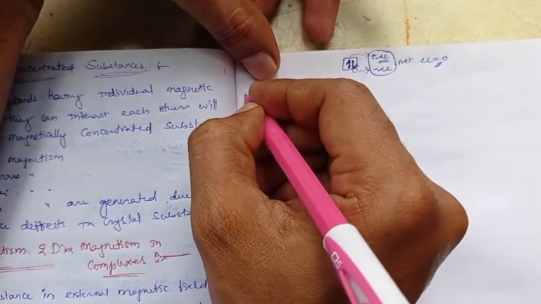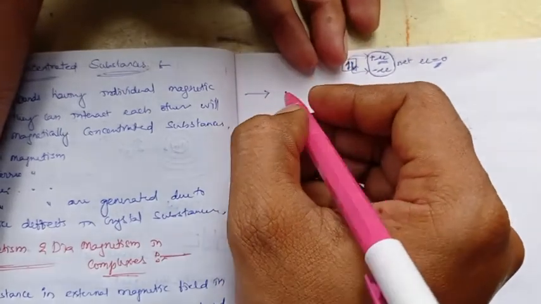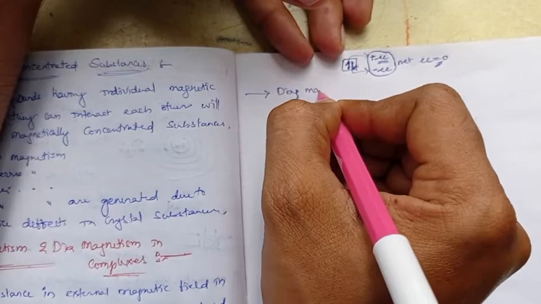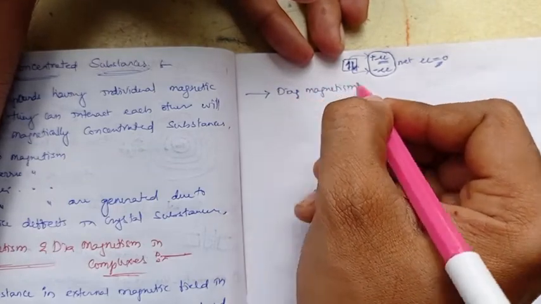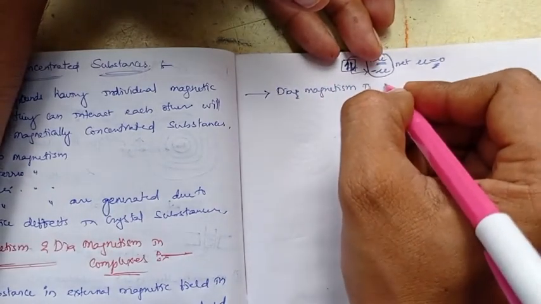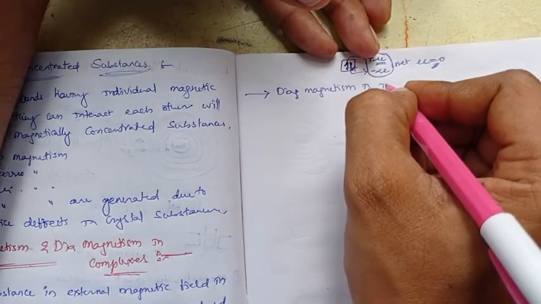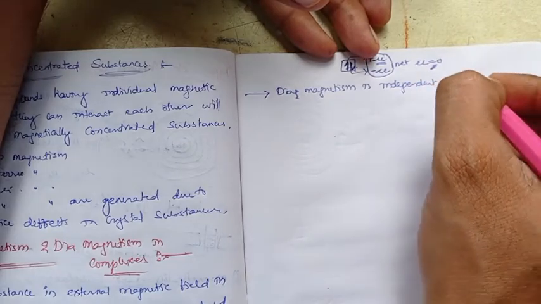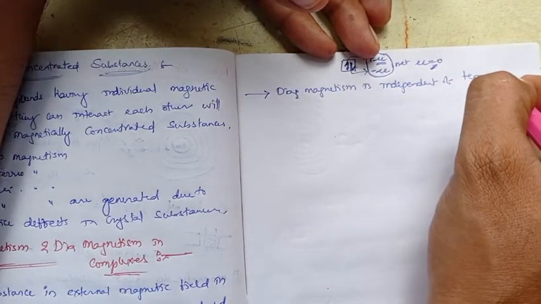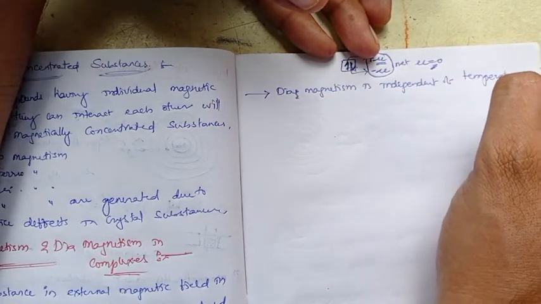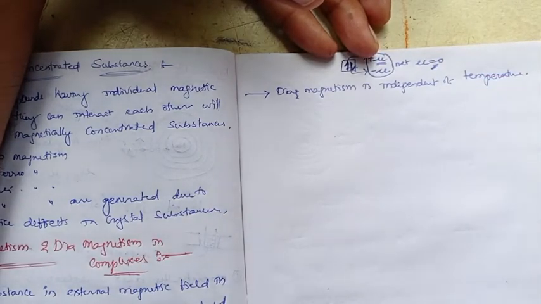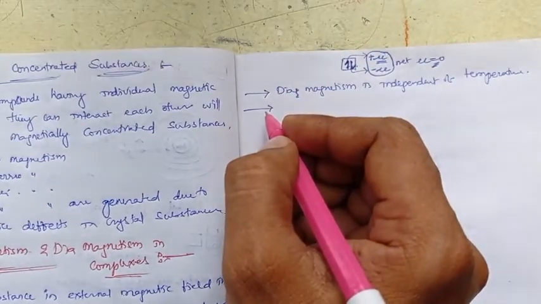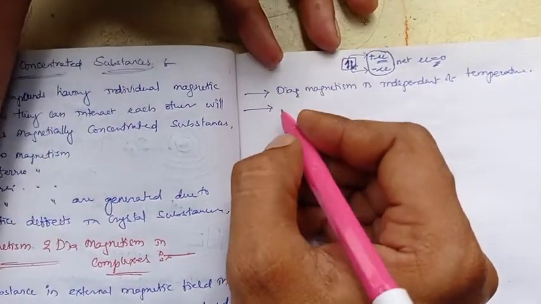And this diamagnetism character is independent of temperature. It is not dependent on temperature, it never changes its behavior or its amount, right?